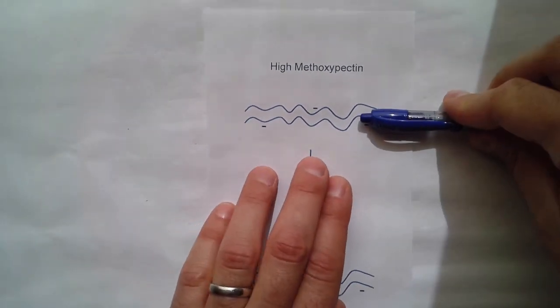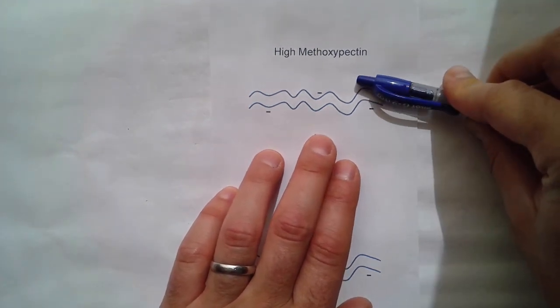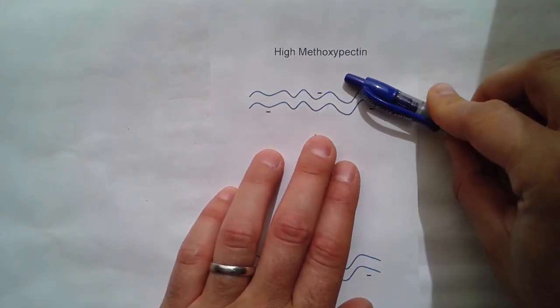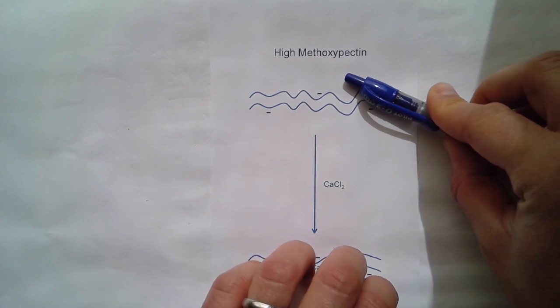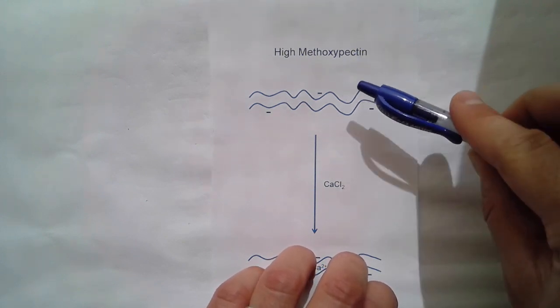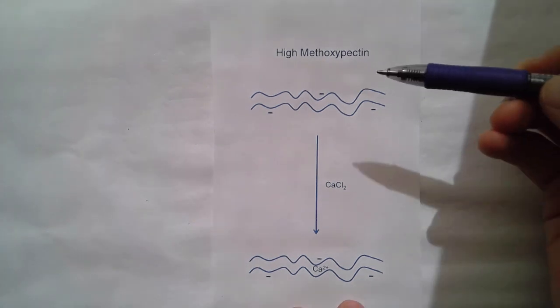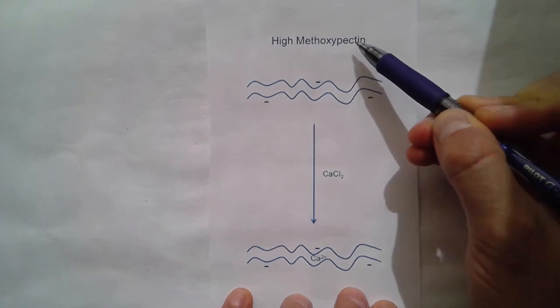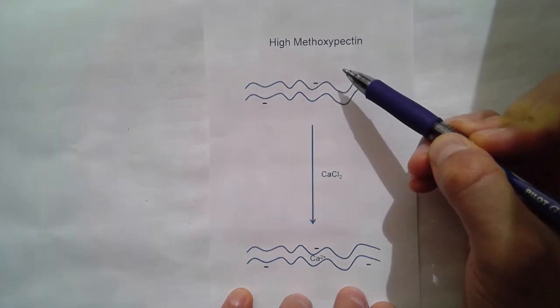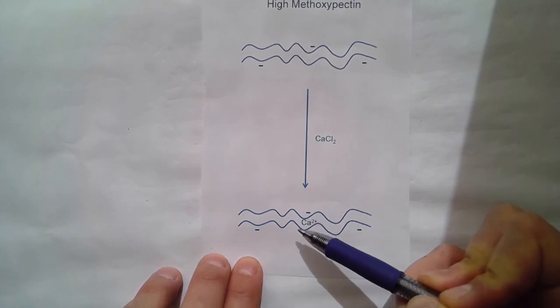So if we've got a situation where we don't have PME active, we're going to have a form of pectin which is called high methoxypectin. So a high amount of the pectin is going to be the methyl ester pectin with a very low amount of the carboxylic acid groups. And remember, those carboxylic acid groups are the important ones to have because they're the ones that interact with calcium to give you those cross bridges. If we have that situation where we have a high methoxypectin and a low amount of those negative charges, when we add calcium, we're going to have some firmness.